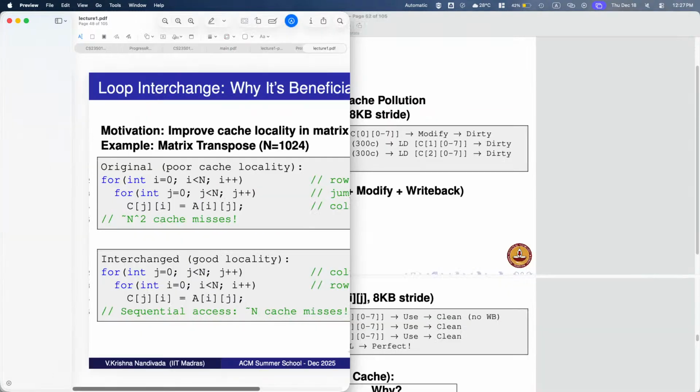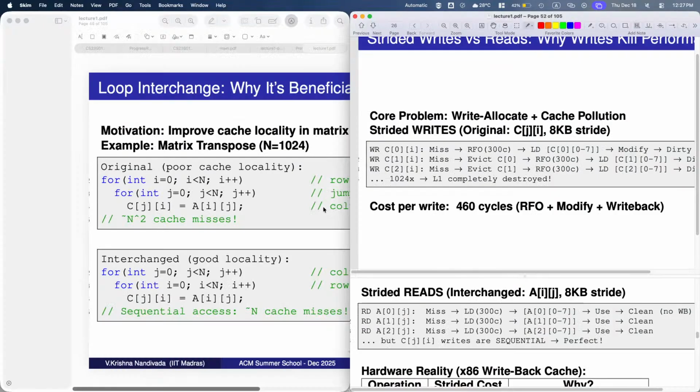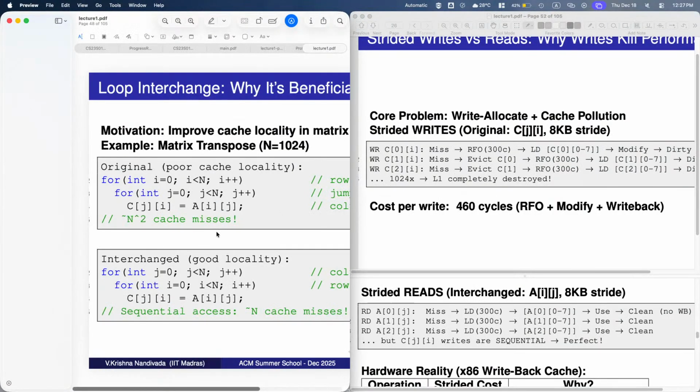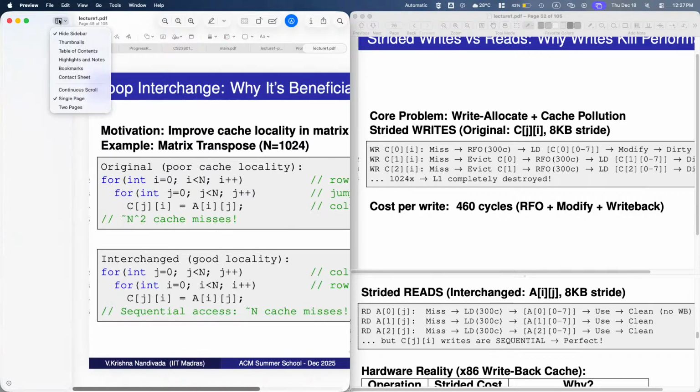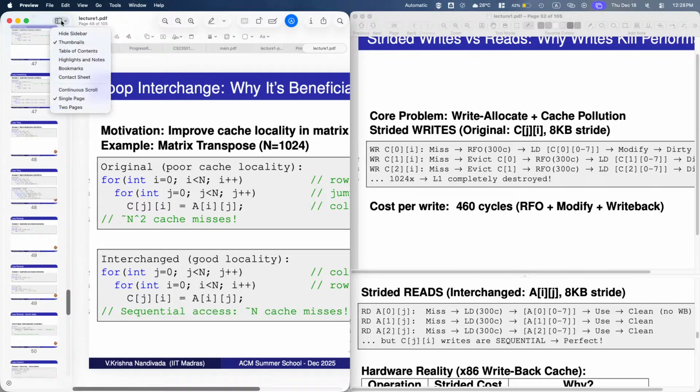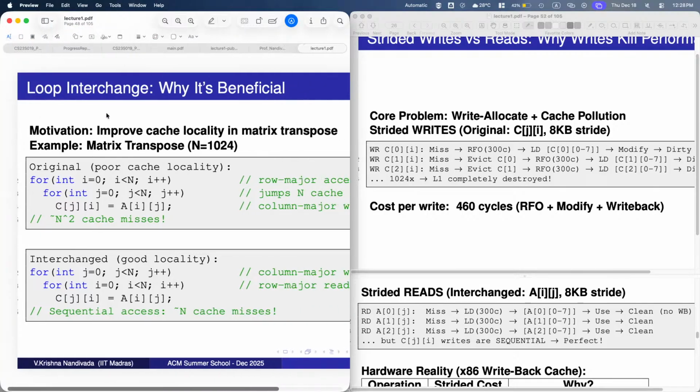Okay, right. So you have the original code, the transformed code, and the cost of writes and reads.